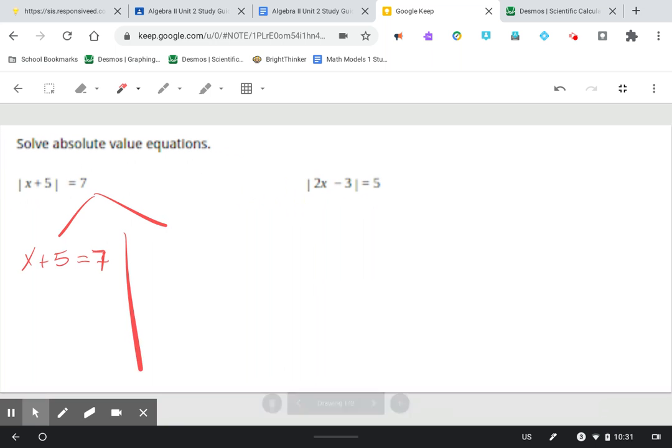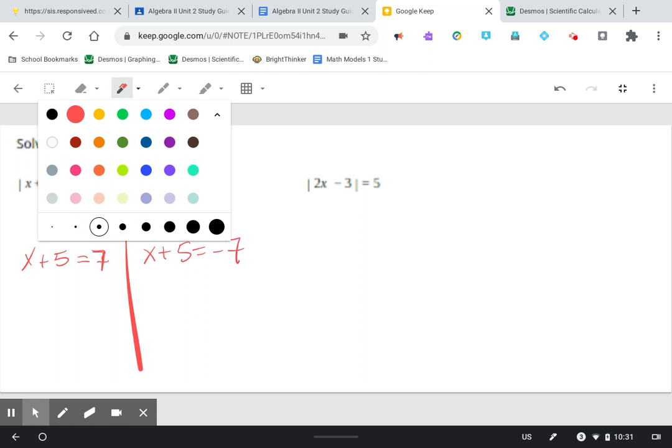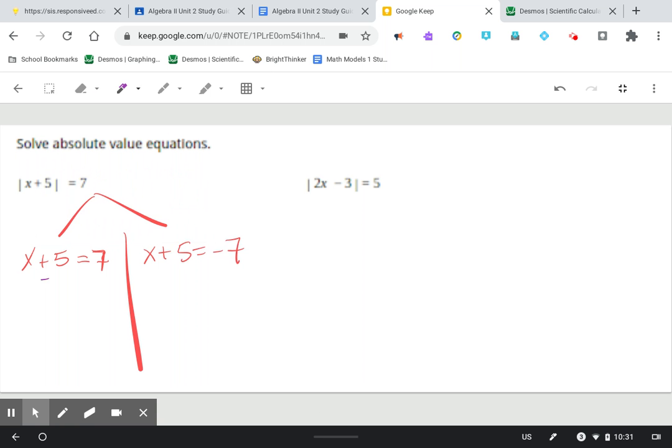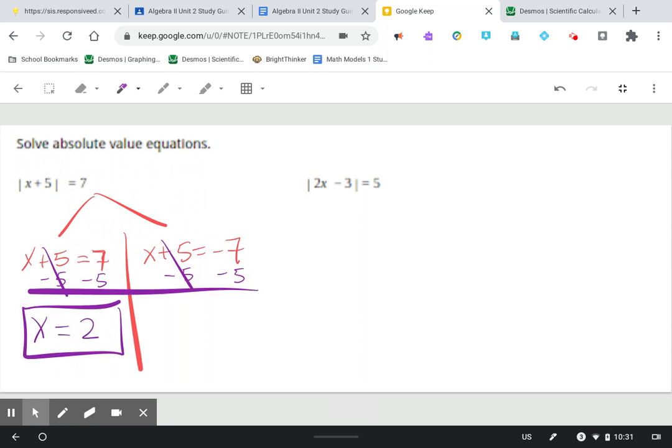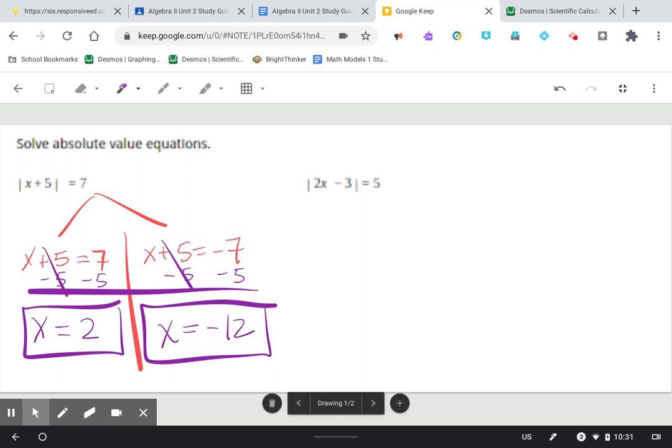And then you have to do the equation x plus 5 equals negative 7. And you solve both of those equations. We can do this all at once, though, because the steps are the same. We're going to subtract 5 from both sides of these equations. That's going to cancel. That's going to cancel, leaving me with x equals 2 and x equals negative 12. So notice I just did it all at once because I knew that the steps were going to be the same. And so your solutions are each of those, 2 and negative 12.